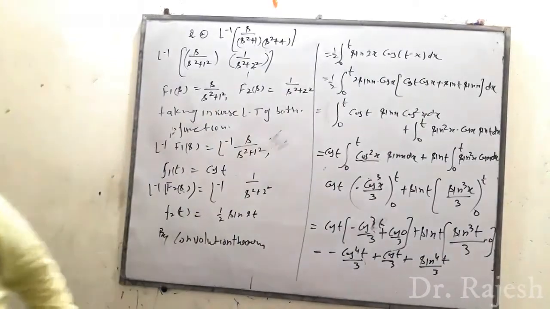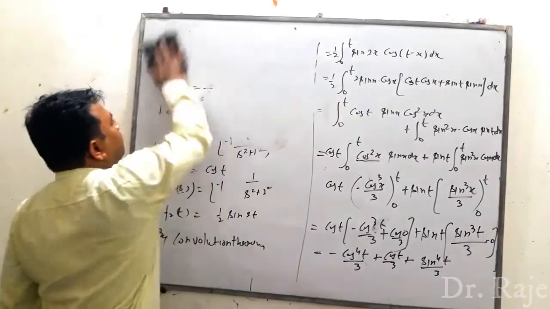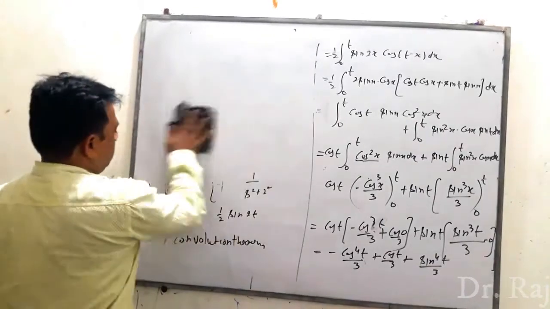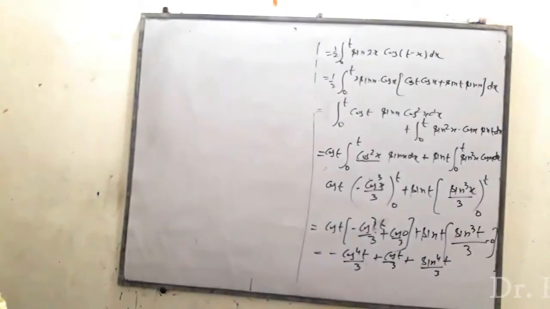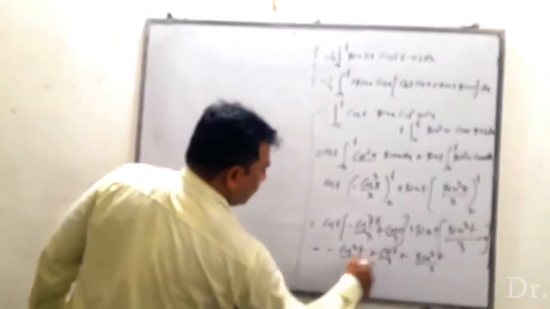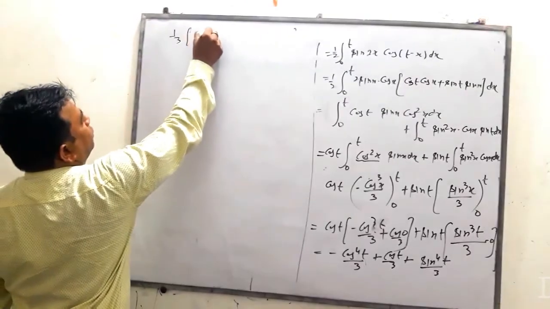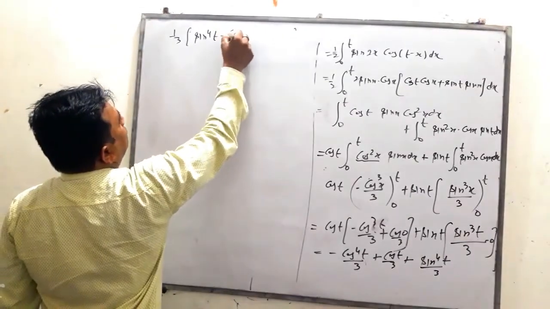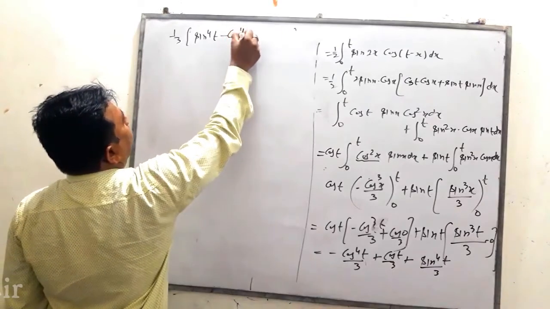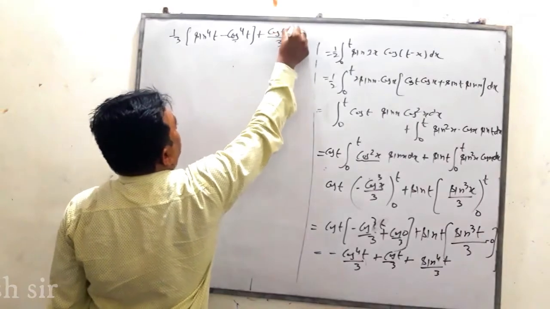Now the value of this is 1 upon 3 sin to the power 4 t minus cos to the power 4 t plus cos t upon 3.